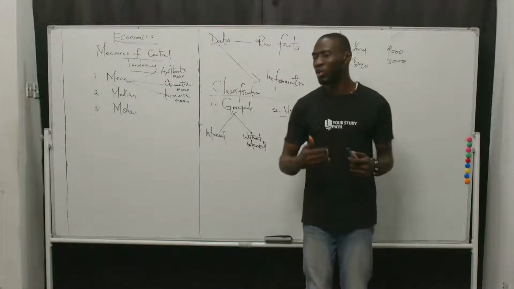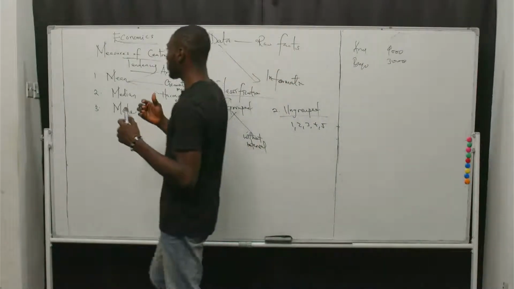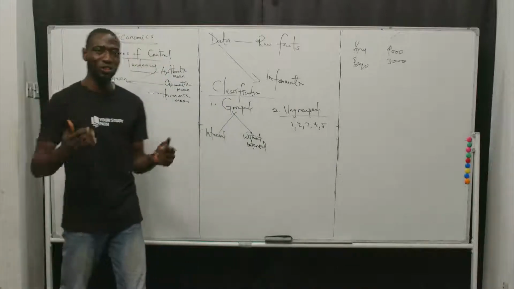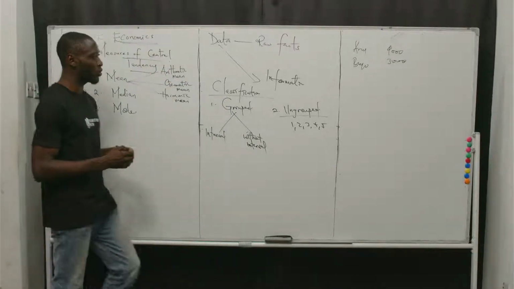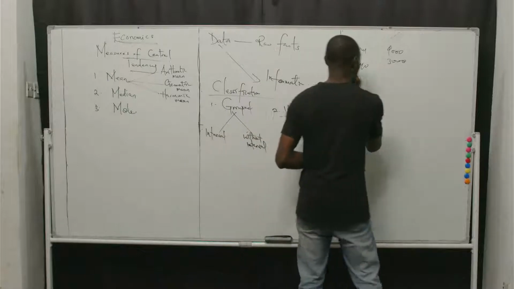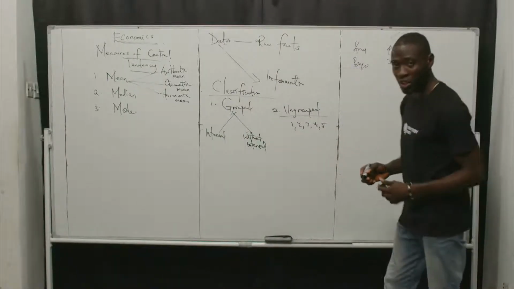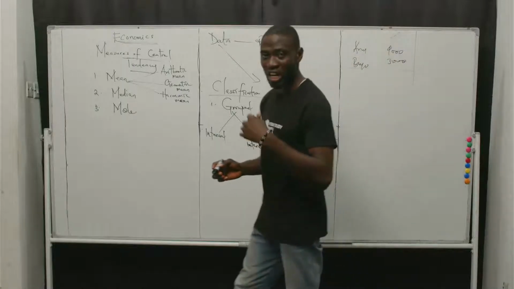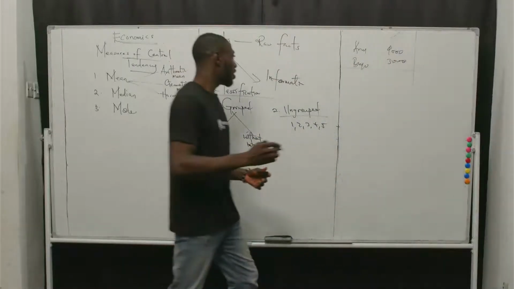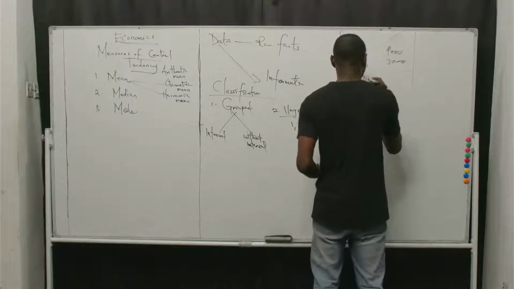Now I'm sure you must be wondering, why do we have these things in economics? According to our modern economists, Adam Smith and others like Alfred Marshall and the likes, economics is a social science.